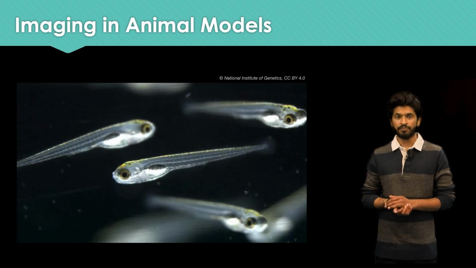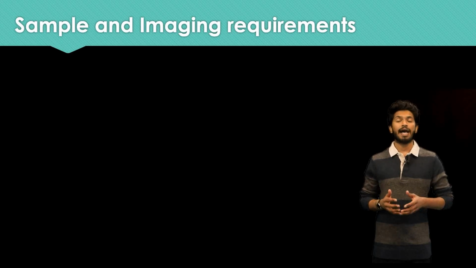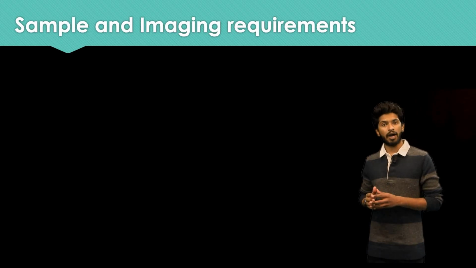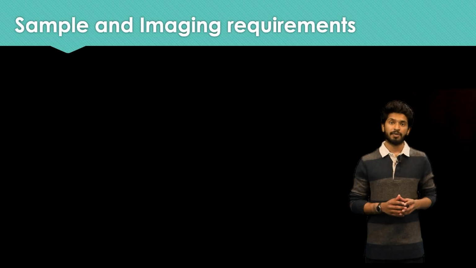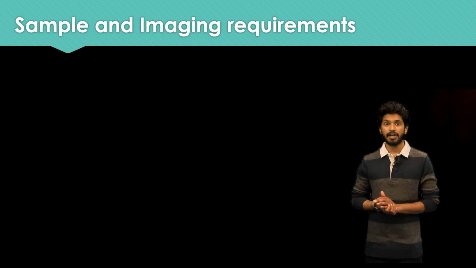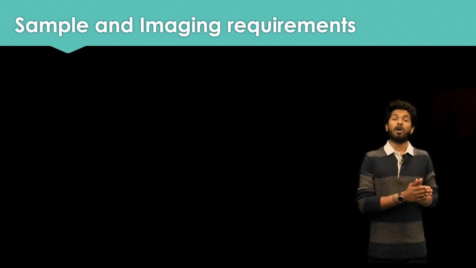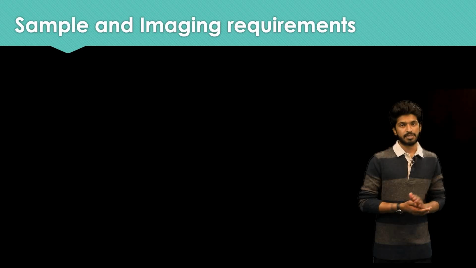performed in them. To perform any imaging, we must first ask ourselves, what is required of the sample and what kind of imaging are we performing? The setup needs to be optimized for imaging over time or long periods, or if we are imaging at a single time step.